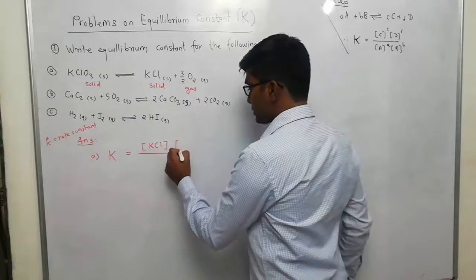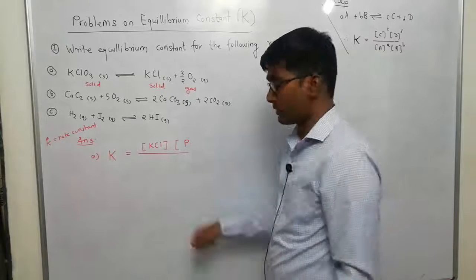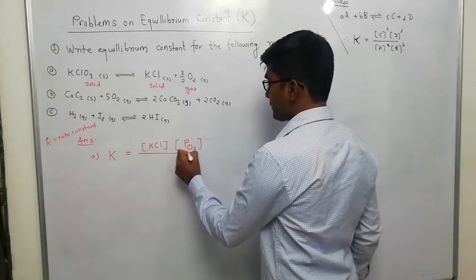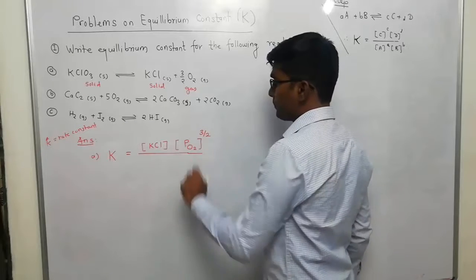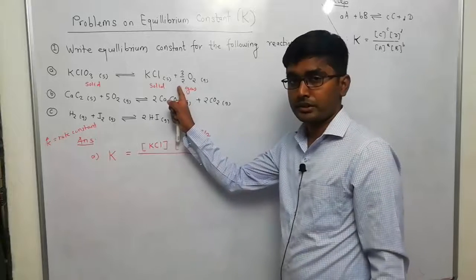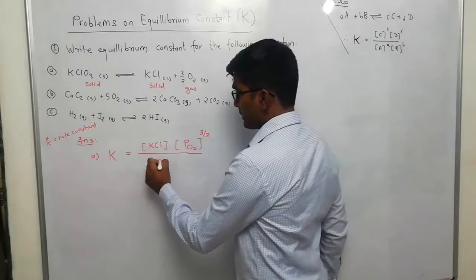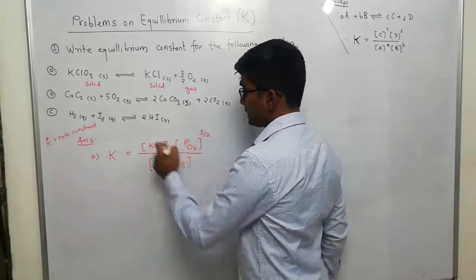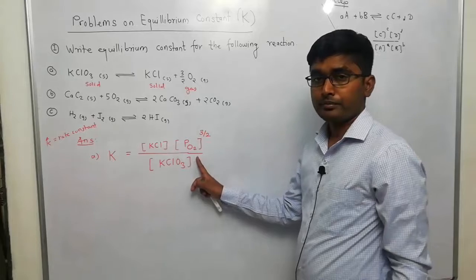Oxygen is in the gaseous state, so we take capital P, the pressure of oxygen gas, raised to 3/2. These are the stoichiometric coefficients. Divided by the concentration of the reactant, here KClO3, which is 1 mole, so its power will be 1.